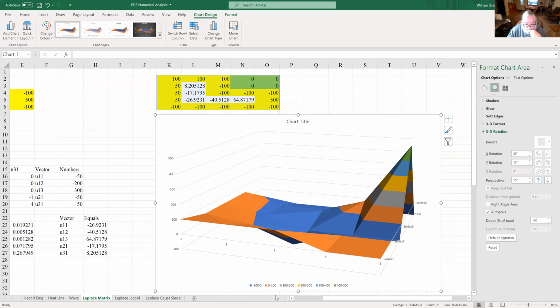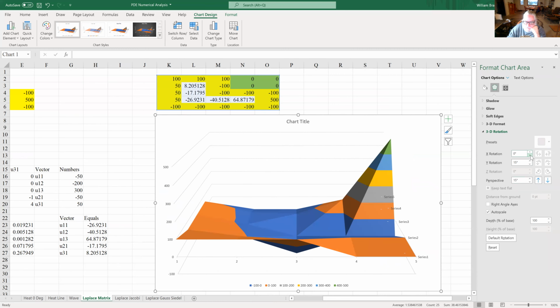This orangey stuff is 0 to 100. And then gray, yellow, blue, and green are temperatures climbing up to 500. Yeah, so there's our surface that depicts our temperature distribution.